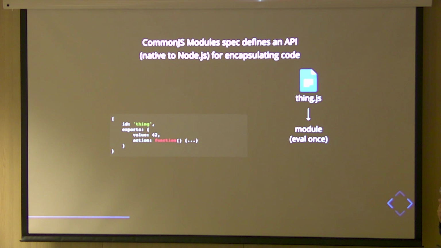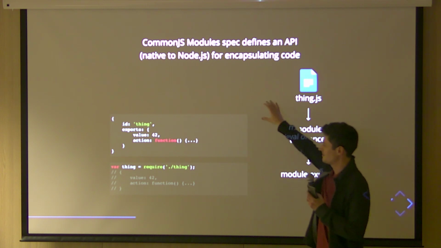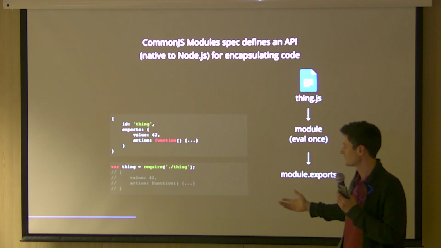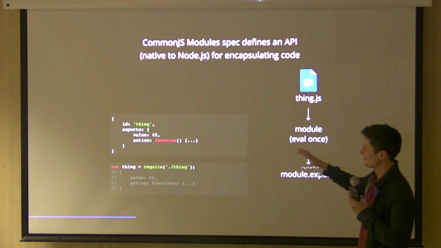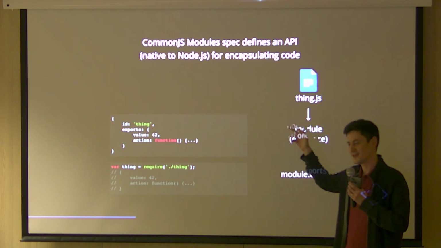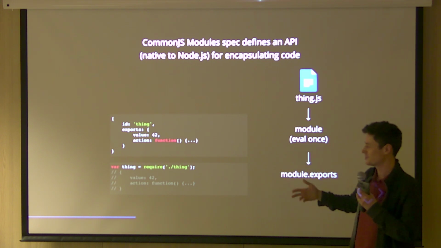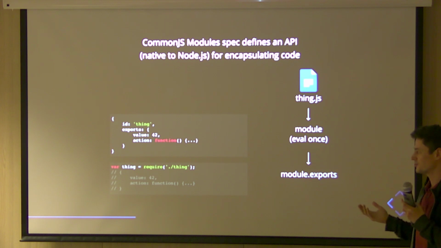So you should be seeing some bit of private code with the exports. Imagine this is a bit of JavaScript, and it does exports.value equals something, exports.action equals something. Otherwise, the rest of the code is all private.